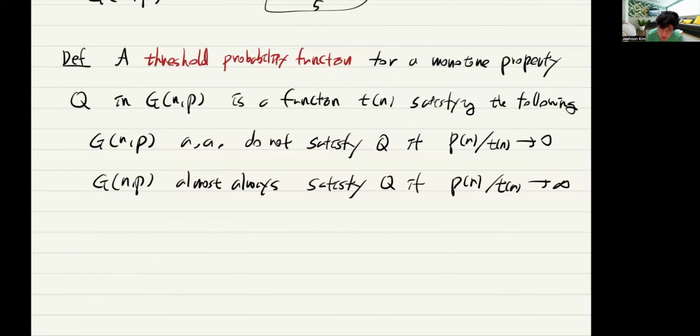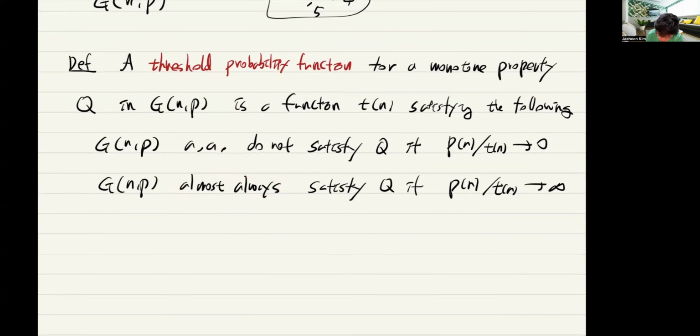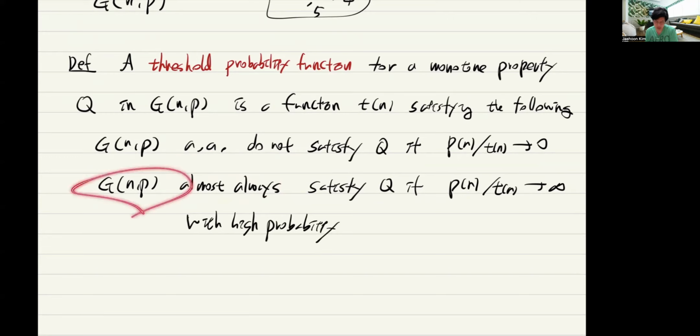Here almost always, or sometimes we say with high probability, means that the probability of satisfying P is 1 minus o(1). As n goes to infinity, the probability tends to 1.